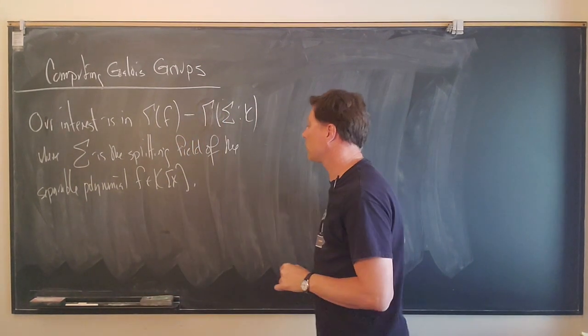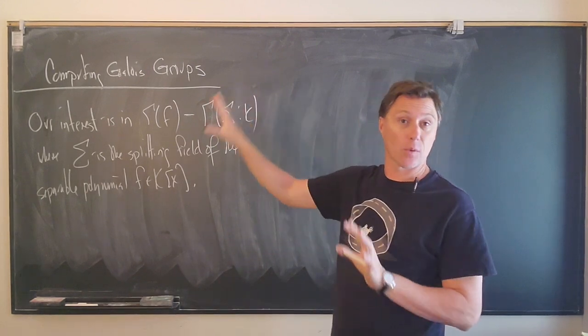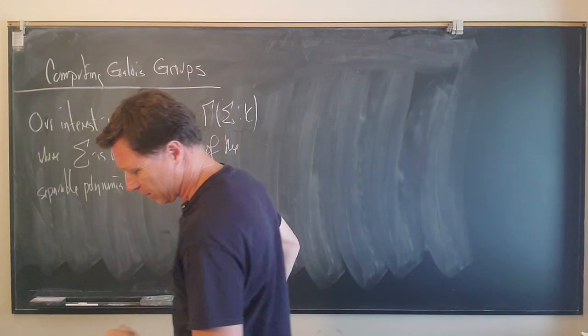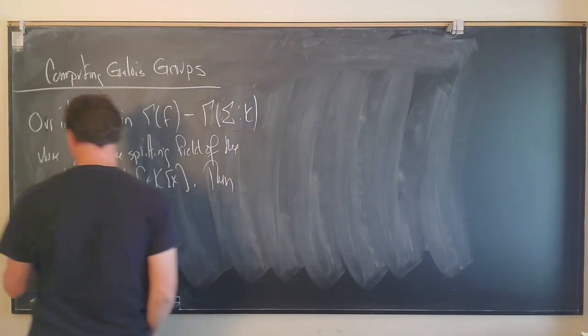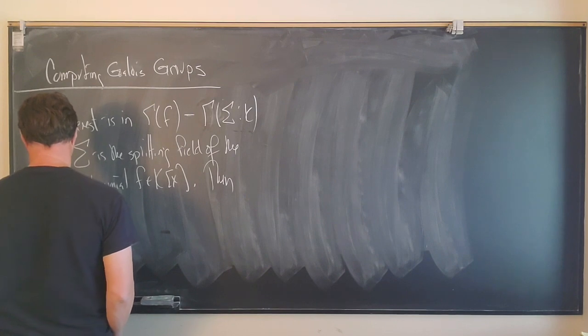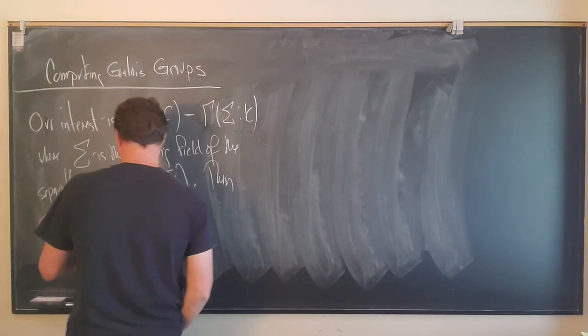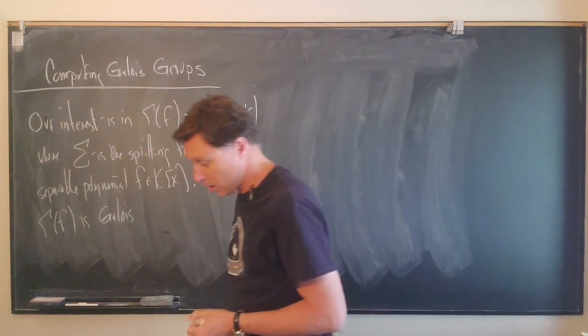In other words, our extensions are going to be Galois, which means that we're going to have a nicer flavor, I guess. So we can say then, gamma of f is Galois, and this gives us really a cleaner statement of the fundamental theorem.